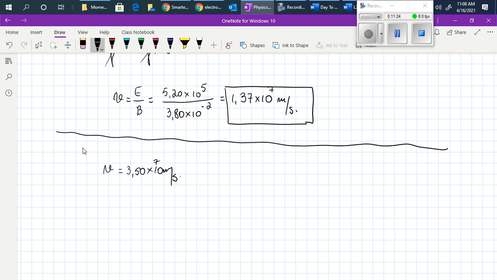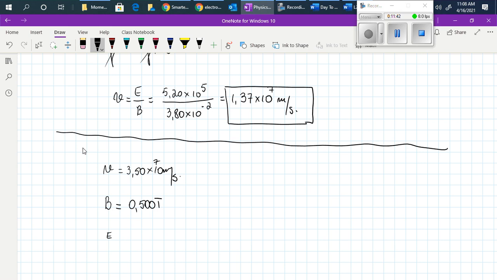The magnetic field strength that the velocity selector has is 0.500 Tesla. What is the electric field that the velocity selector has?